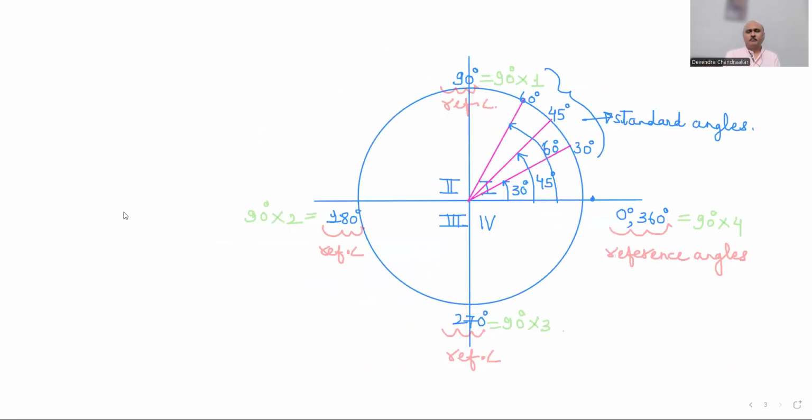Now, it's easy to find the standard angles of the second, third, and fourth quadrant. We need not memorize them.